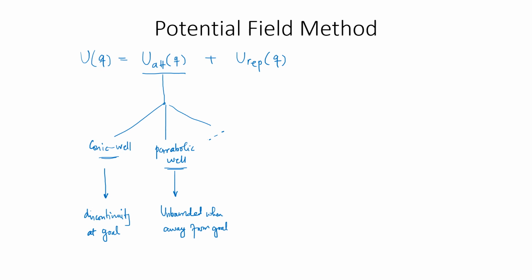But in this particular observation, you can readily identify that conic well potential is very good when you're away from goal, and parabolic well potential is good when it is nearer to the goal. So why can't we add them together? Why can't we add these two potential fields to construct some sort of a hybrid potential field? And that was explored last time. So possibly a hybrid approach can be possible.